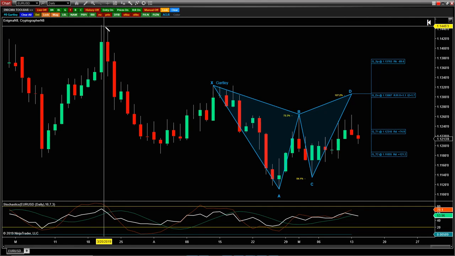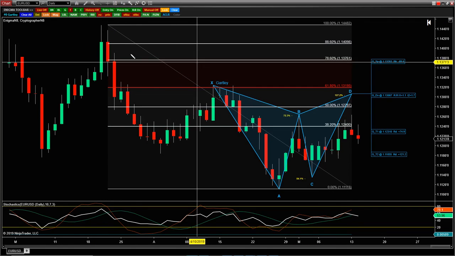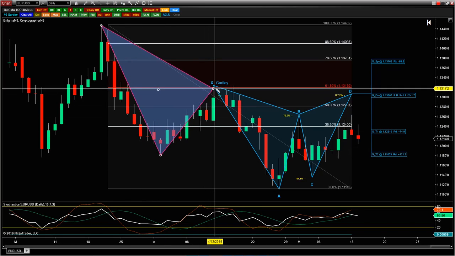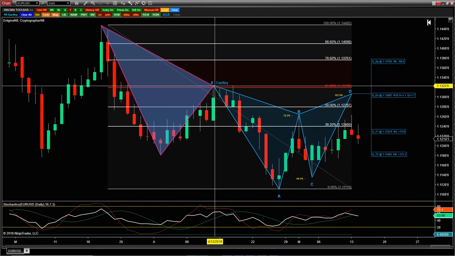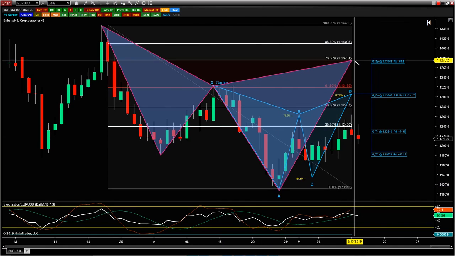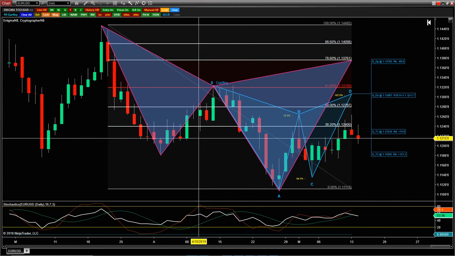The cipher pattern is going to be a tad bit higher, looking something like this. X to A to B, B to C, and a potential CD completion right up here at about 113.76. So higher time frame euro dollar has two potential bearish advanced pattern formations.